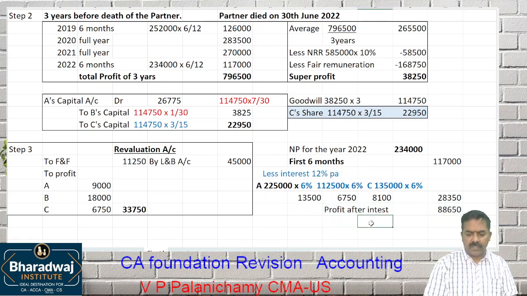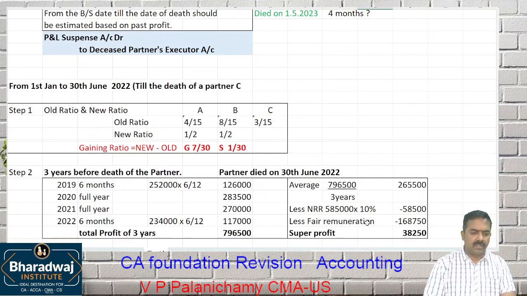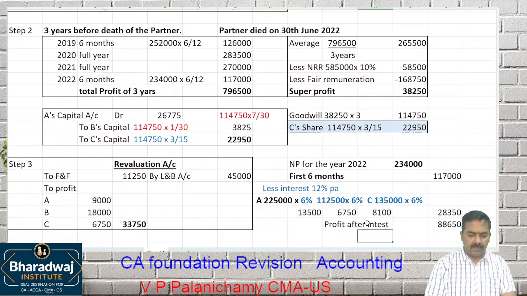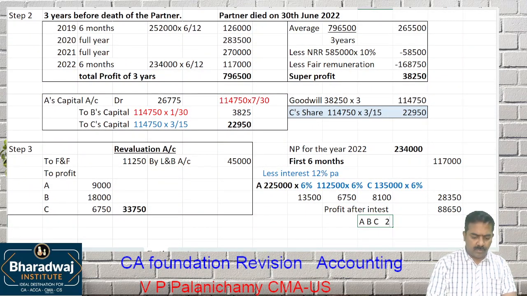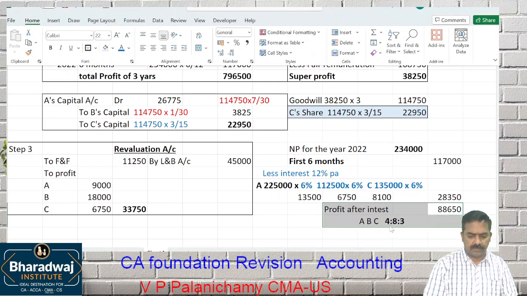This will be transferred in which ratio? A, B, C. Transfer in the old ratio. What is the old ratio? 4:8:3. Split it in the 4:8:3 ratio. Split the 88,650 and transfer it in 4:8:3 ratio.